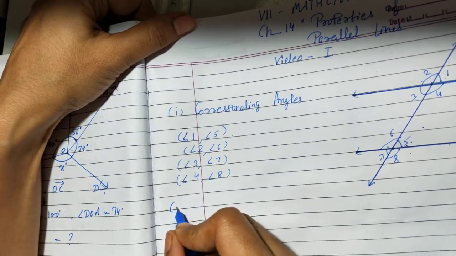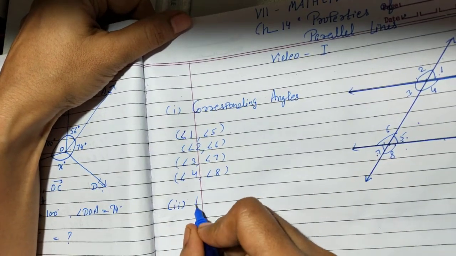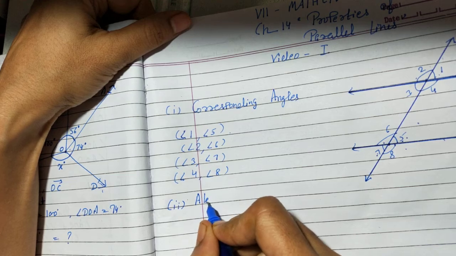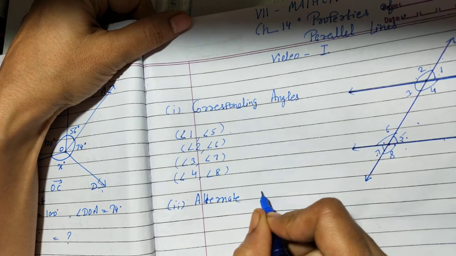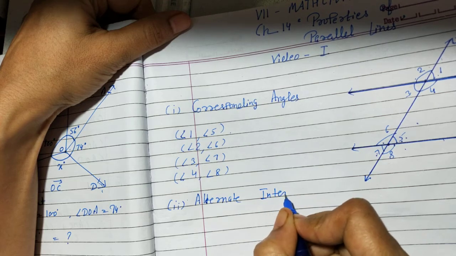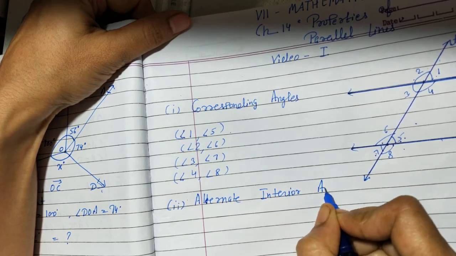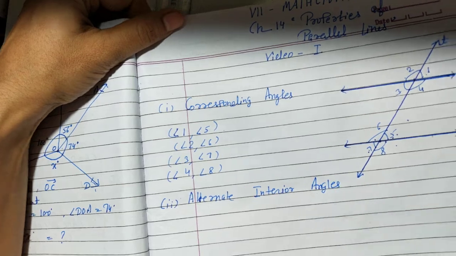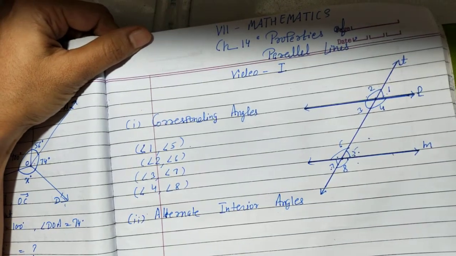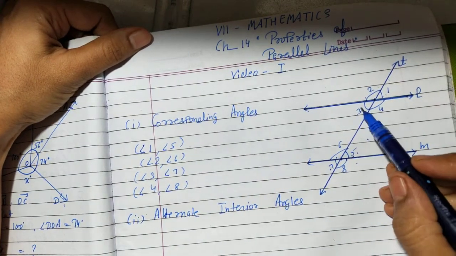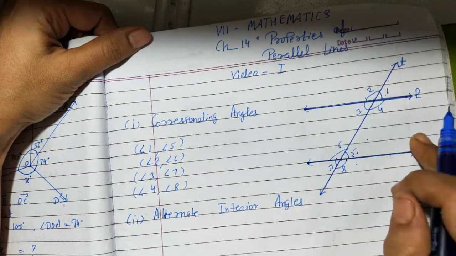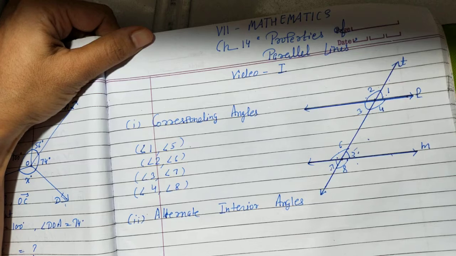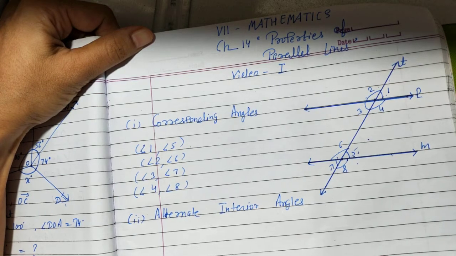Now second is alternate interior angles. Class, there are two pairs of alternate interior angles, like 3 and 5, 4 and 6, which are on the alternate sides. You can see alternate interior angles.